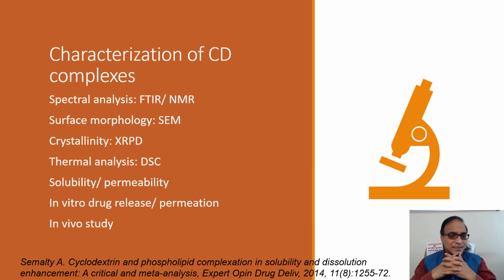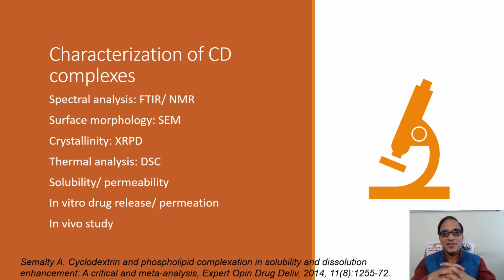Now let us discuss how we can characterize. The characterization of CD complexes can be done by spectral analysis like FTIR, NMR, surface morphology by SEM, or size may be taken up by SEM as well as DLS, dynamic light scattering or laser scattering, and crystallinity through solid state characterization like XRPD.